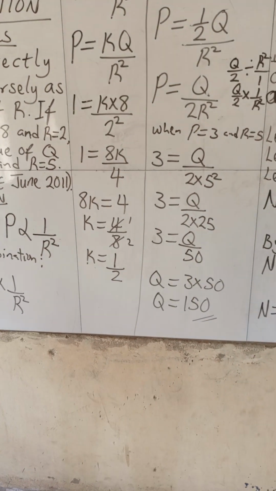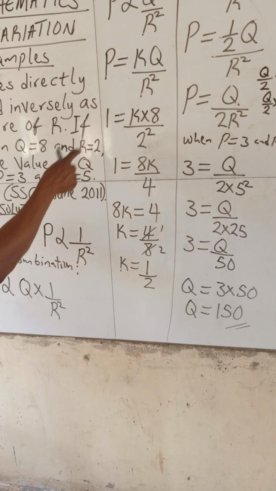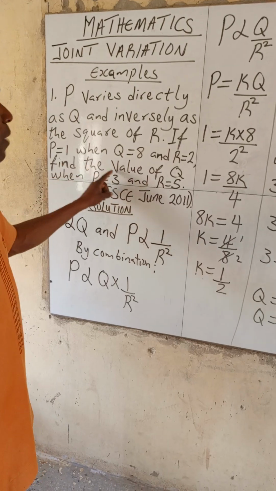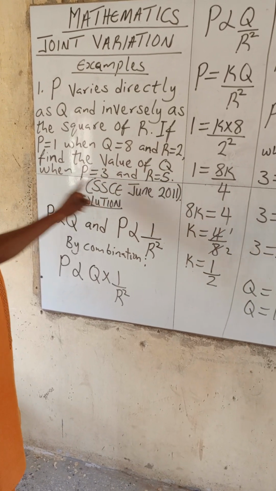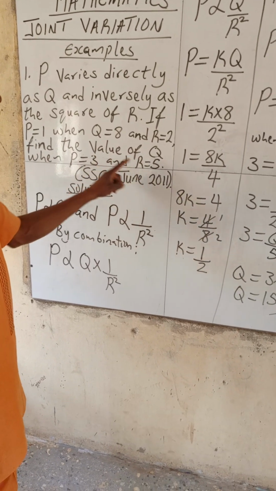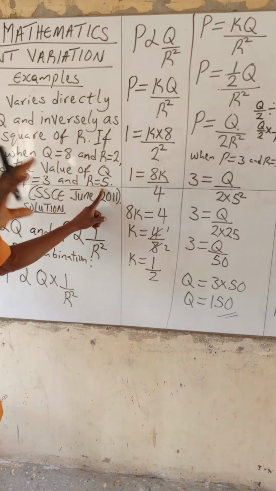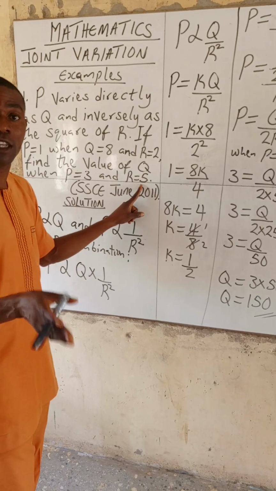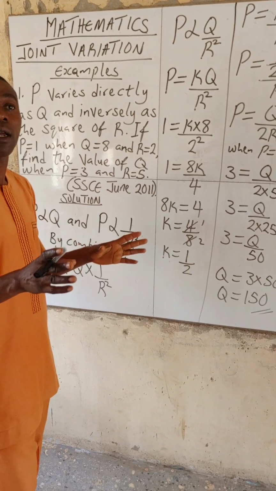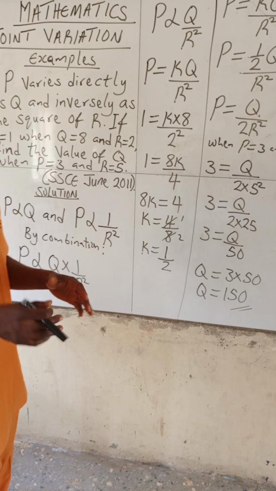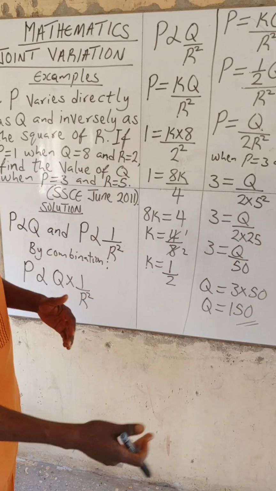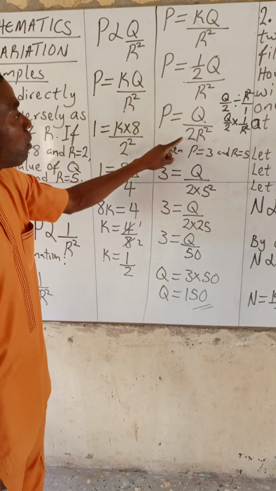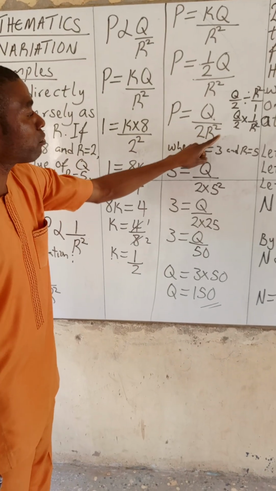Now, we move back to the question. Remember, we stopped here. This question now says, find the value of Q when P equals 3 and R equals 5. Anytime you are solving questions on variation, after finding the relationship, any other question to be solved will be a continuation from the relationship. So from the relationship, we have P equals Q divided by 2R squared.